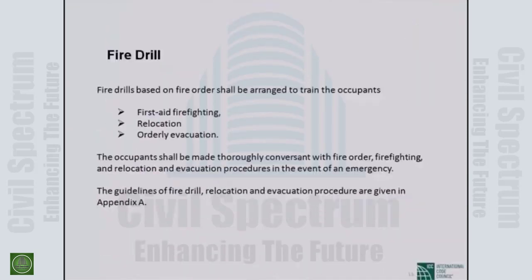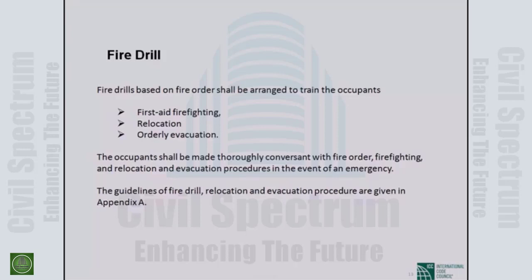Fire drill is a part of this. This is more definitely in the appendix, so here I will not say it very elaborately. When I talk about the appendix, then I will give some elaborate idea about the fire drill. Here I am just giving some points. It deals with first aid firefighting.